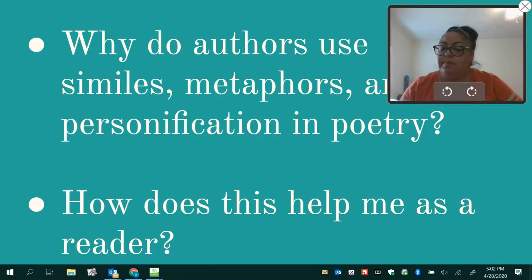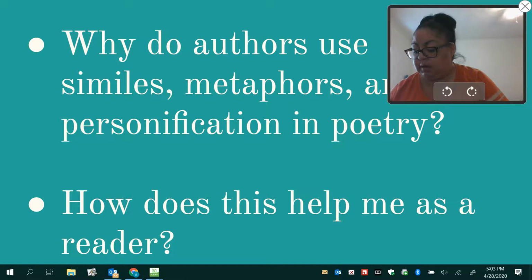Because sometimes poetry can be straightforward, and sometimes it can be very, what we call, vague. Let me look really quick what vague is in Spanish. Hold on, I misspelled it.